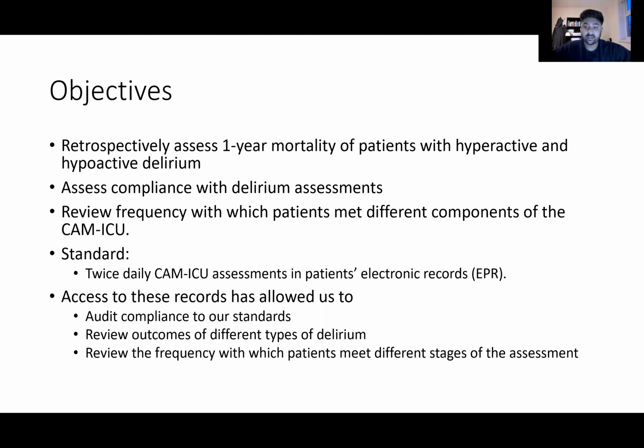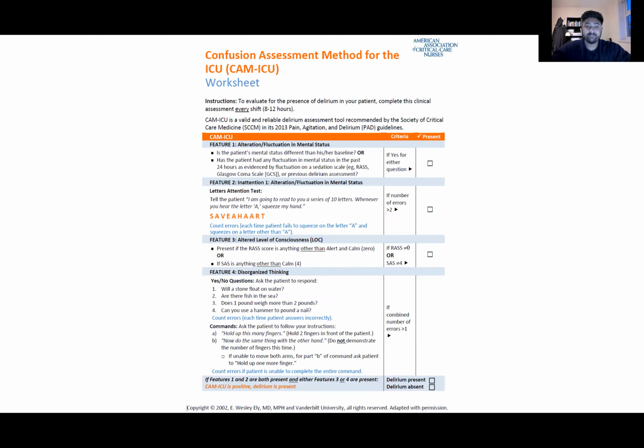We were looking at the electronic records used at Salford Royal Hospital. Having access to these records through EPR allowed us to audit the compliance to our standards. We were also able to look at the outcomes of patients with the different types of delirium and the different components that they met through the CAM-ICU methodology, and review at what frequency they met these different elements.